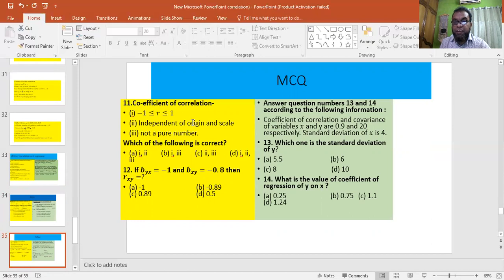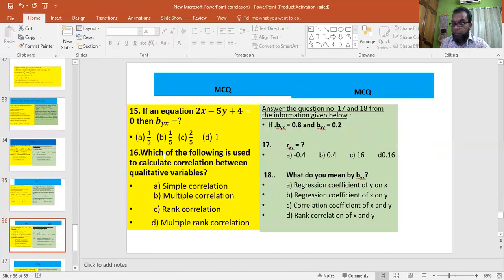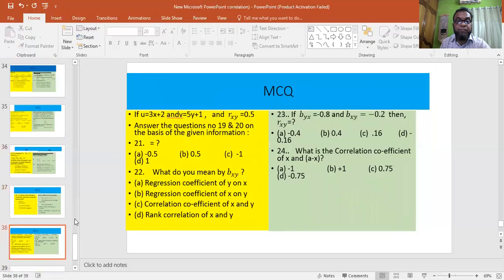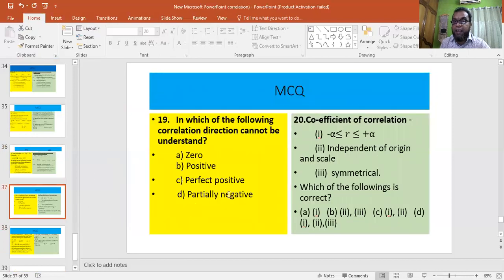Number 14, D. Number 15, C. Number 16, sorry, C, rank correlation. Number 17, B, 0.4. Number 18, A. Number 19, A. And 20, B, 2 and 3.